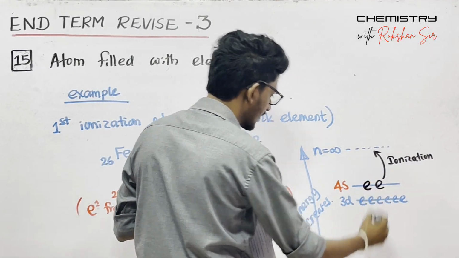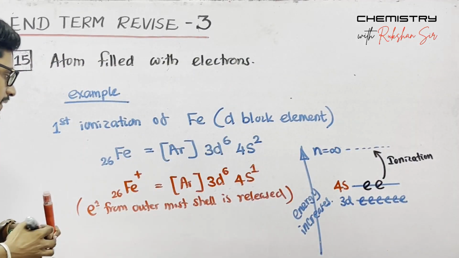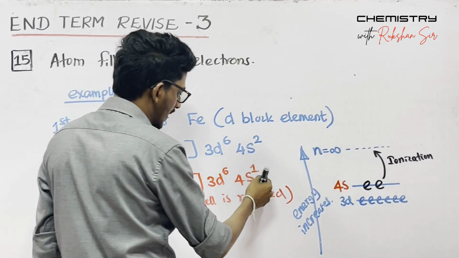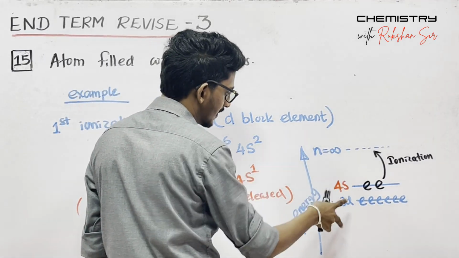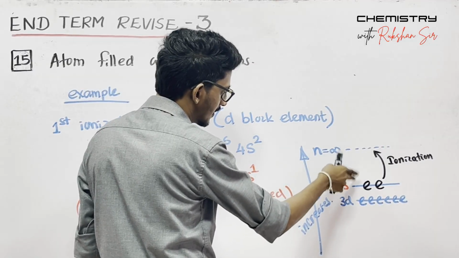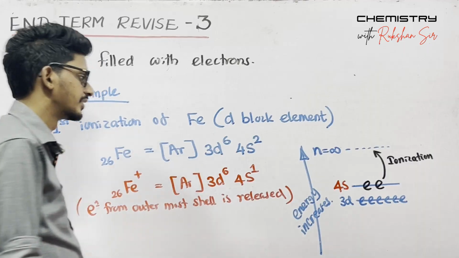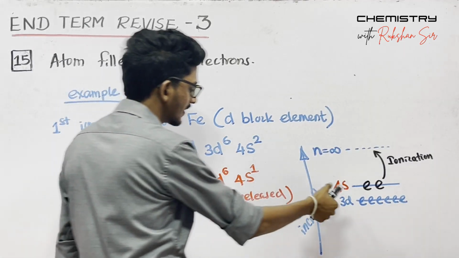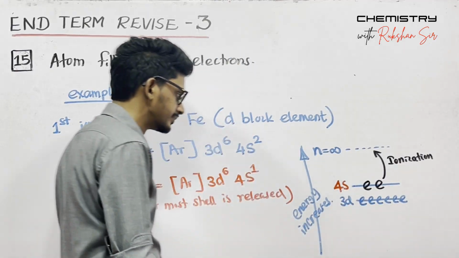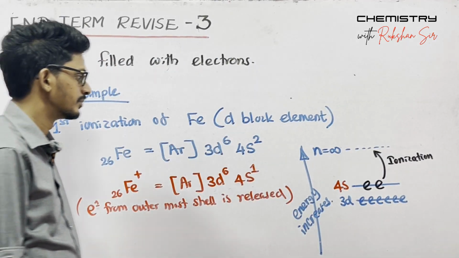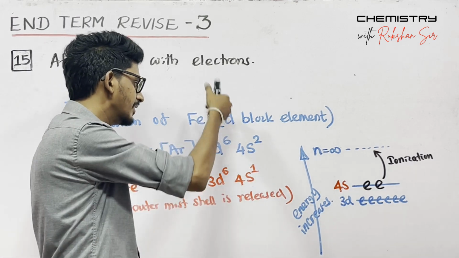So they are saying the ionization occurs by a 4s electron. That means the 4s energy level is the closest to n equals infinity. This confirms that the 4s is with a greater energy than the 3d in an atom filled with electrons.